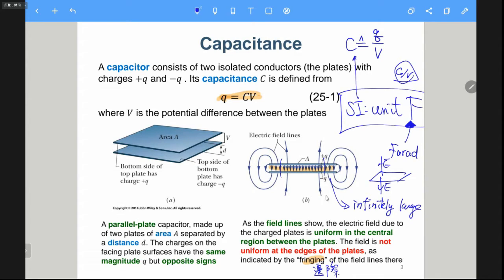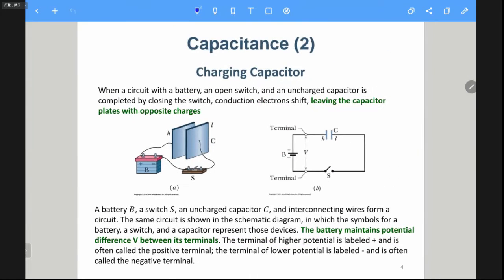So yeah, even though we do not have the infinitely large assumption, if we just consider that part, the E field is approximately uniform. So next, we will see an experiment about this capacitor.